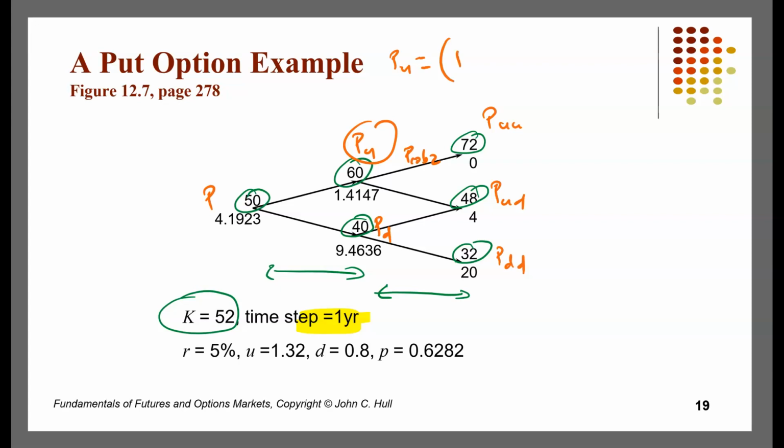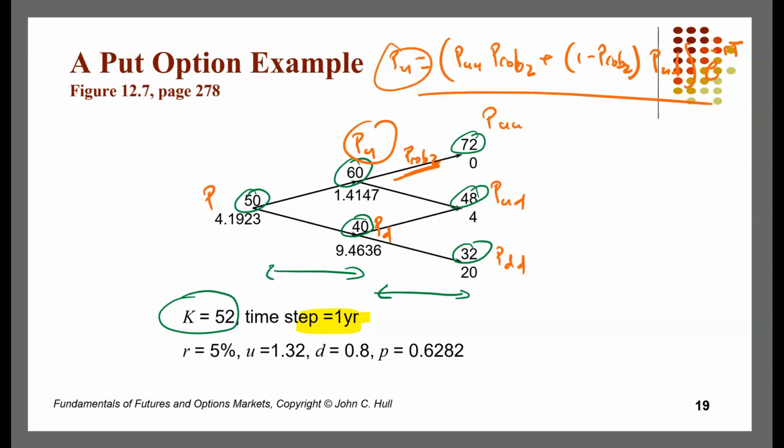So you're going to have put up multiplied by probability 2, which is the probability of increasing here, plus 1 minus probability 2 multiplied by put up down, and then present value of that. So you apply the same thing you would have at this interest rate, where U is equal to that, D is equal to that, and P essentially is going to be equal to that.